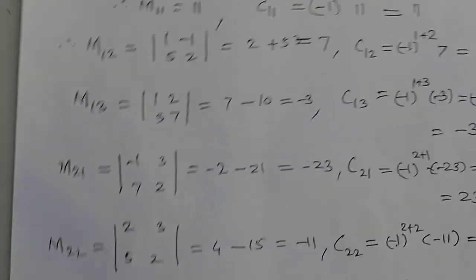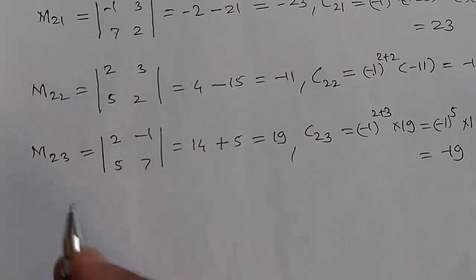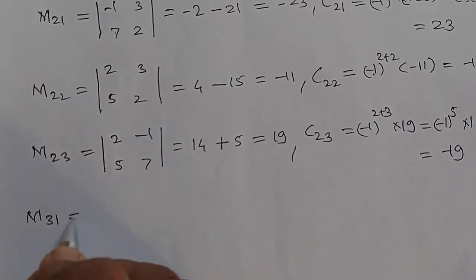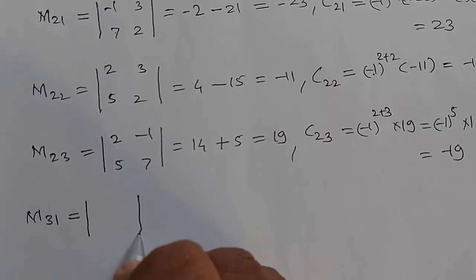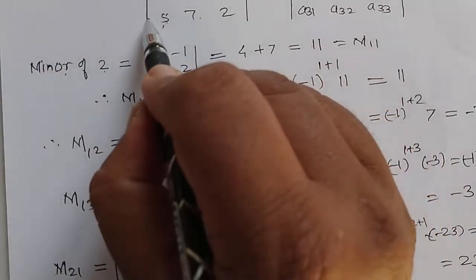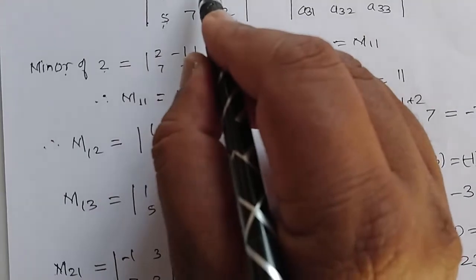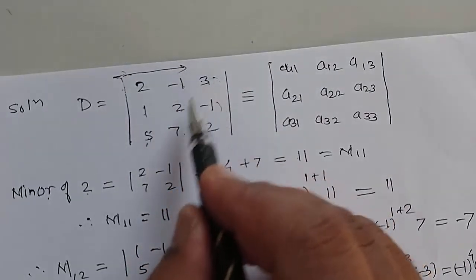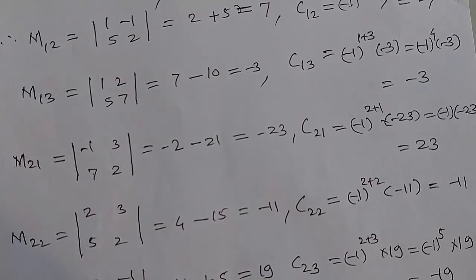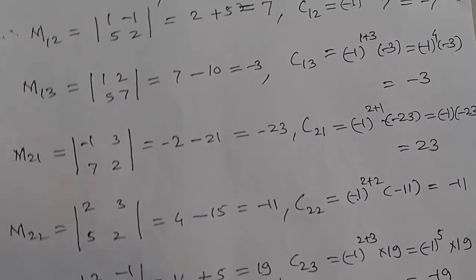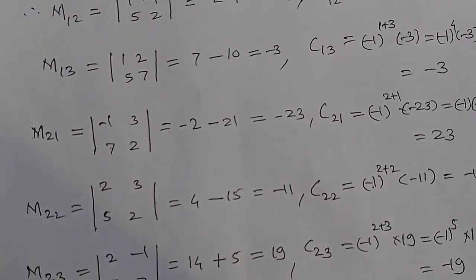Now, first element of the third row, which is 5. Therefore, M31 is equal to determinant obtained by eliminating third row and first column, which is equal to minus 1 3 2 minus 1. Minus 1 3 2 minus 1 is equal to minus 1 into minus 1, that is plus 1, minus 2 into 3, 6, it is minus 5.